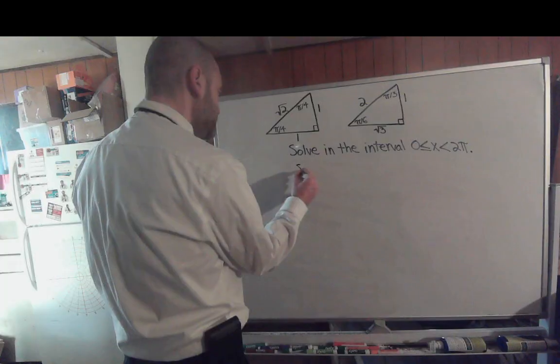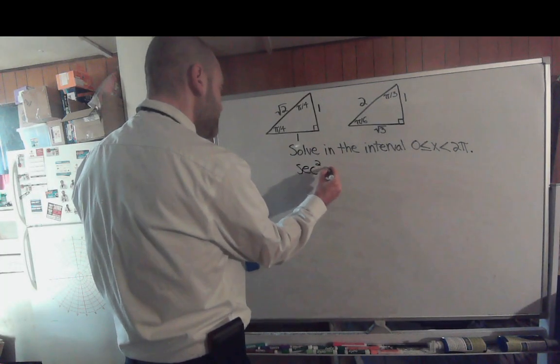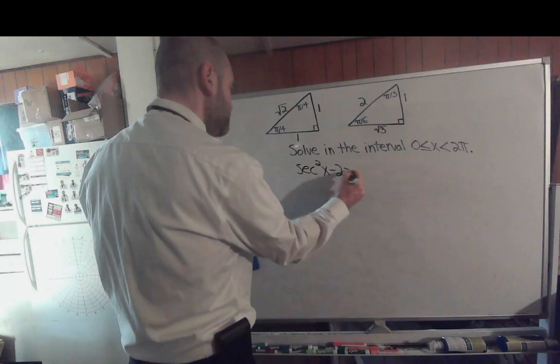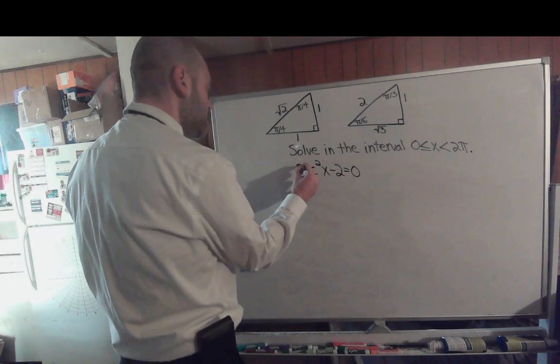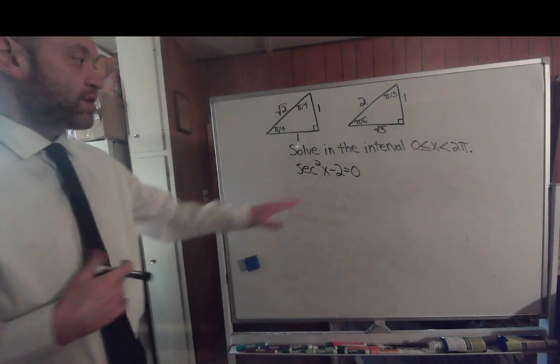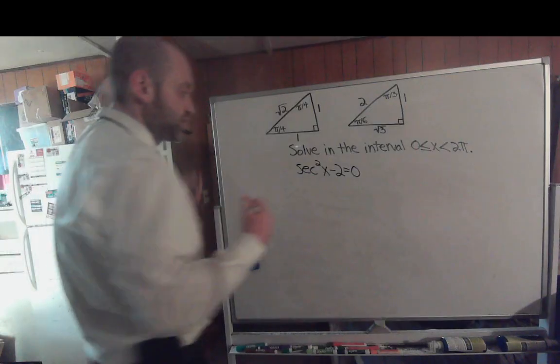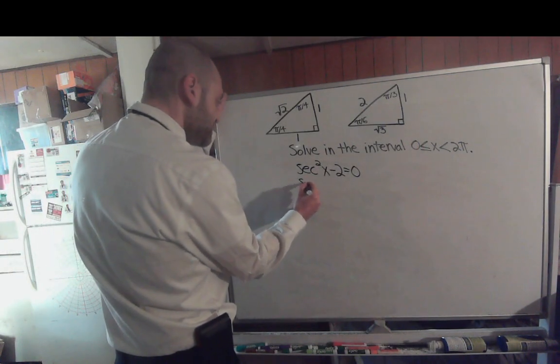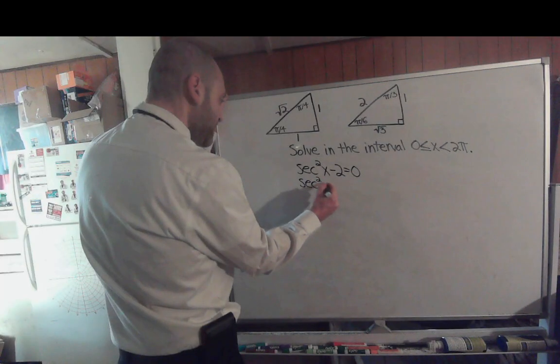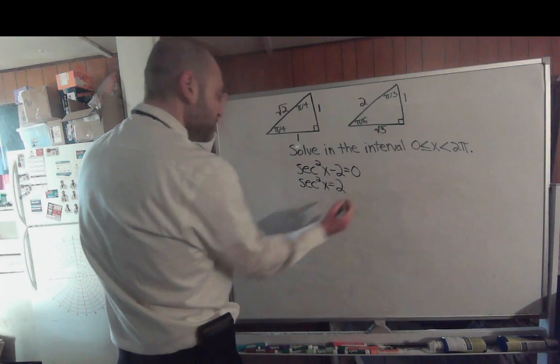Alright, secant squared of x minus 2 equals 0. Well, this could simplify into the secant squared of x equals 2.